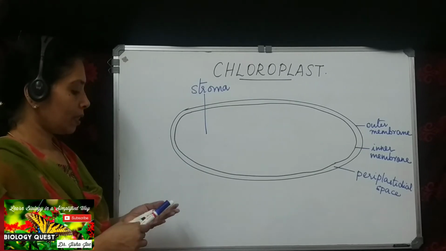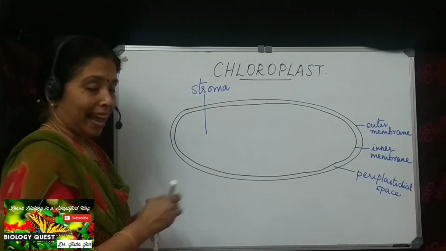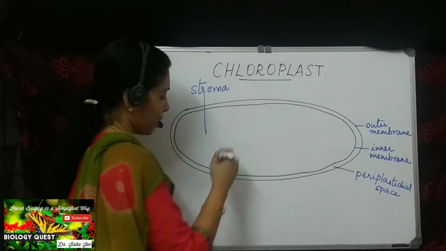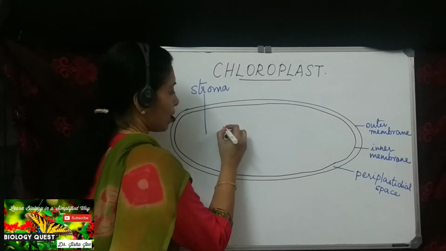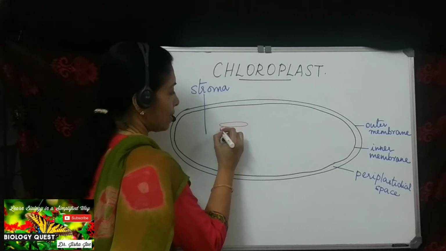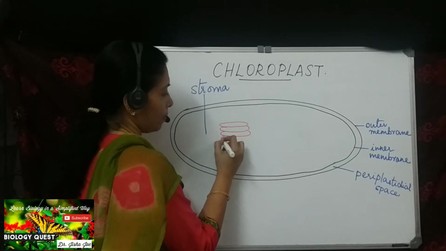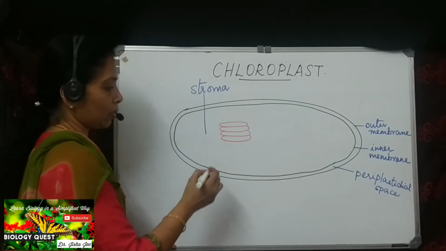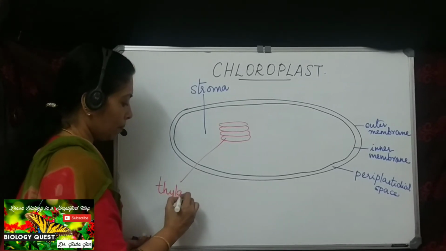called the stroma. And inside the stroma, you can see sac-like structures. Each sac-like structure is called a thylakoid.